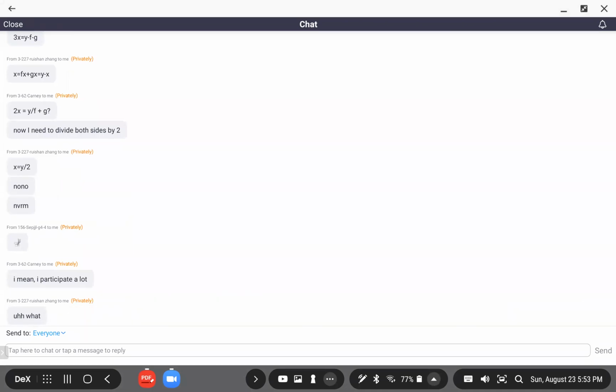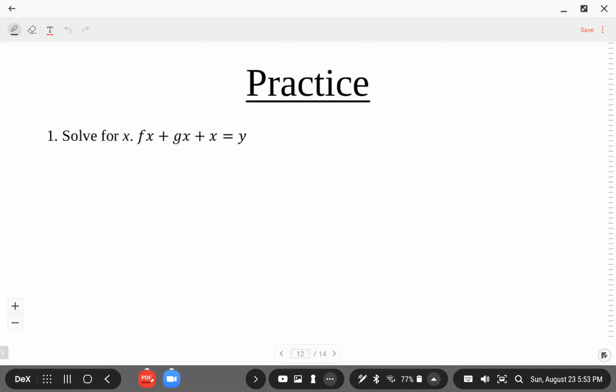So please double check your answer to see if it includes all the variables and try to make it reasonable, okay? So let's factor it out. So this is our simplified stage, okay? This is the next stage.